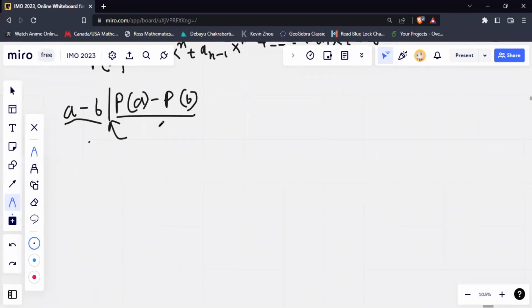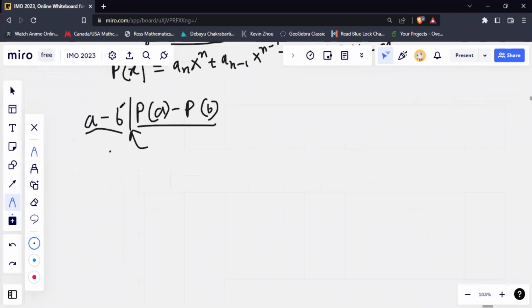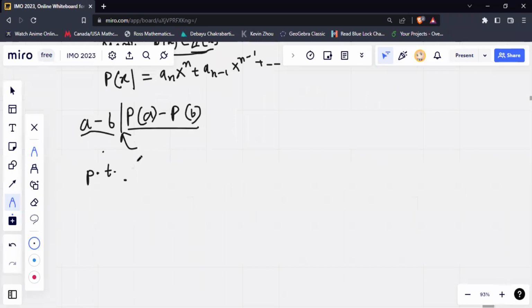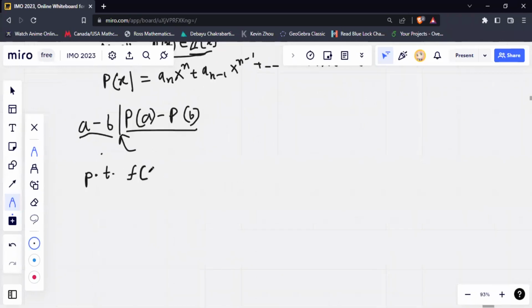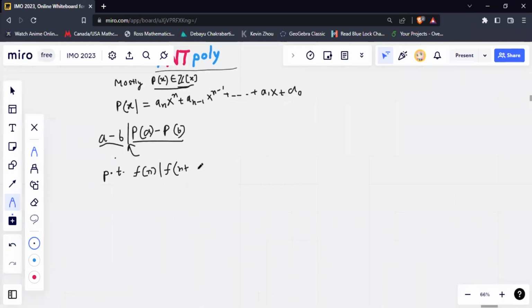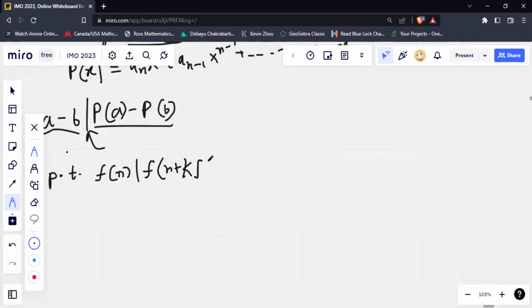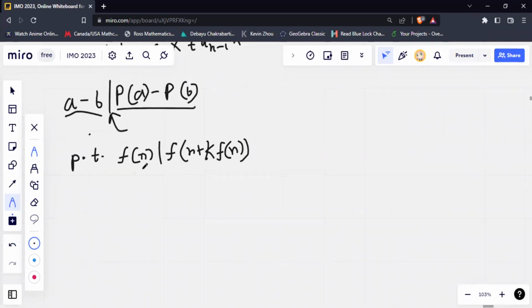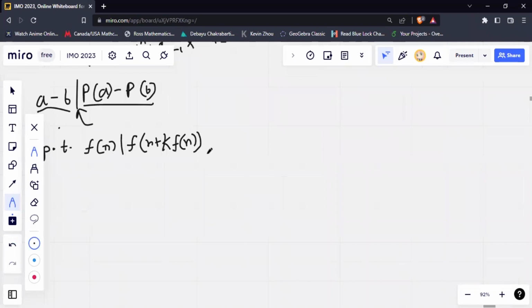First off, let's prove another lemma. Prove that f of n divides f of n plus k f of n, where k is any integer, n is some random integer, f is an integer polynomial.